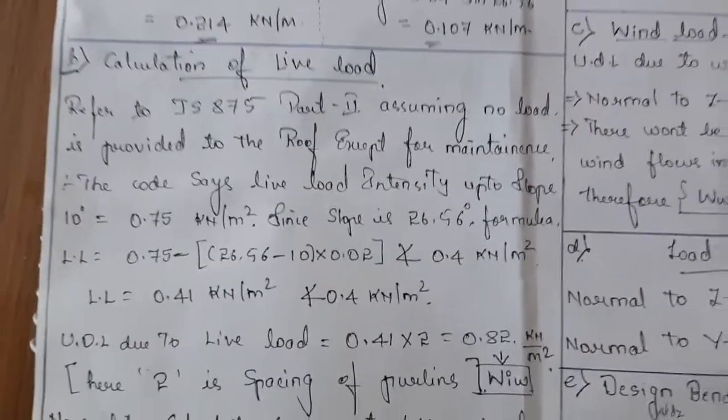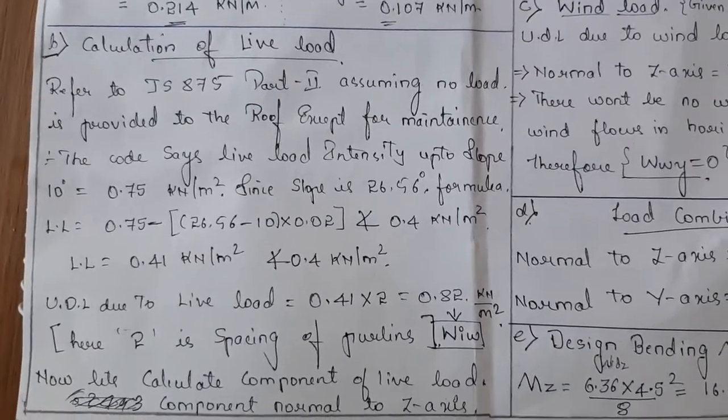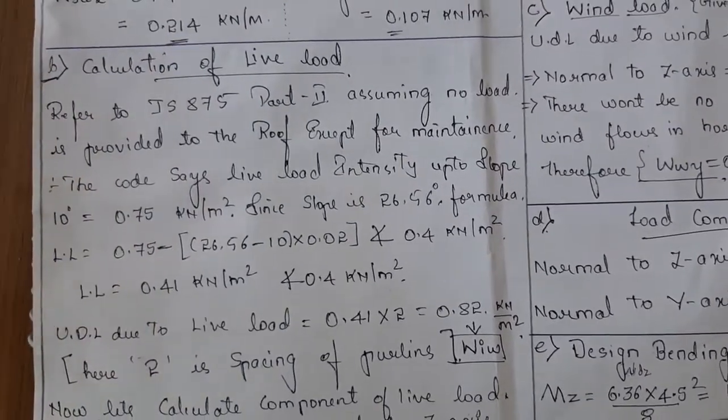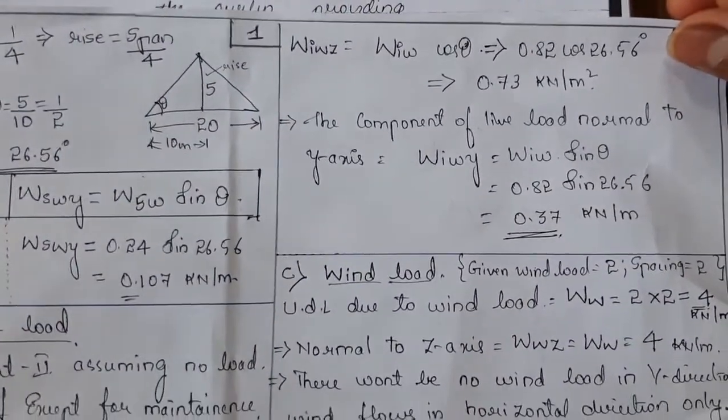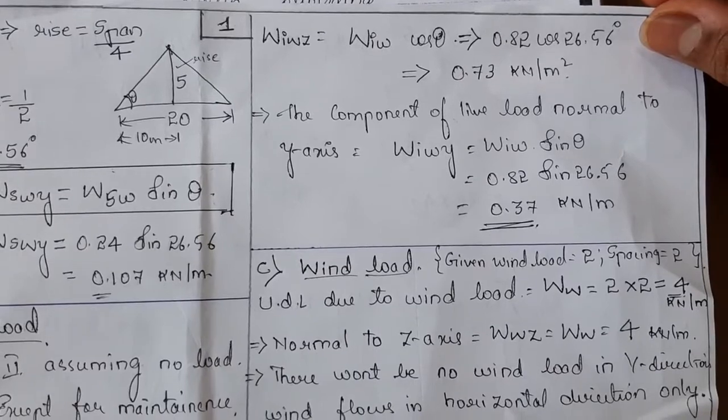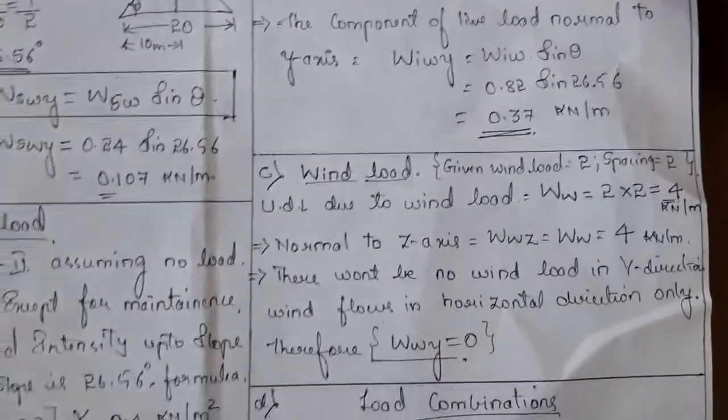Now when we got down to live load calculation, we had used the IS 875 part there. Next we had come down to calculation of wind load along z direction and y direction.